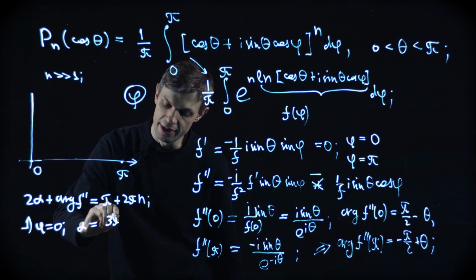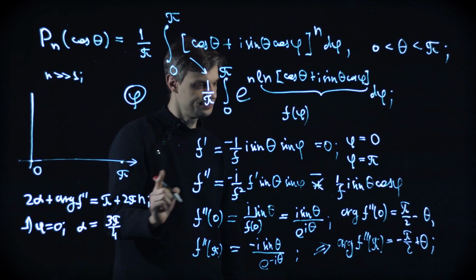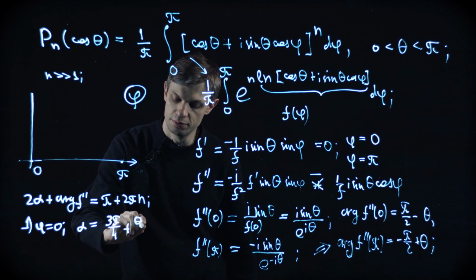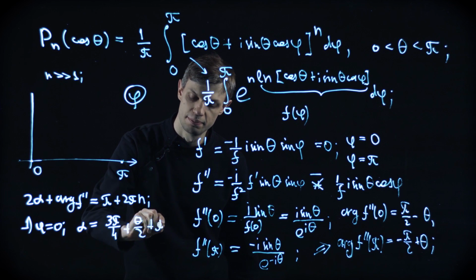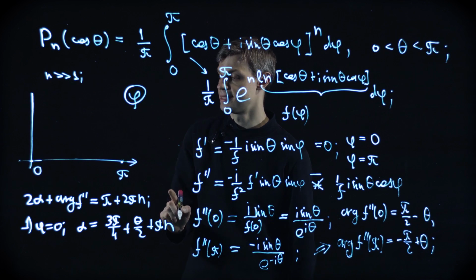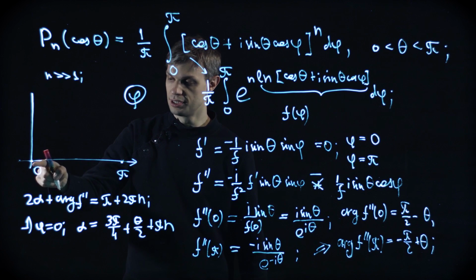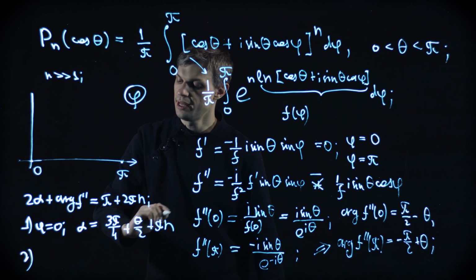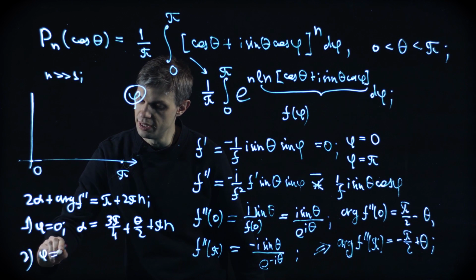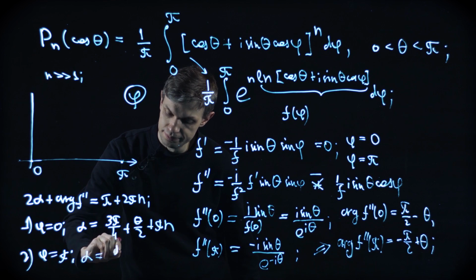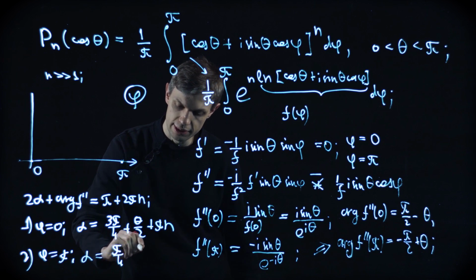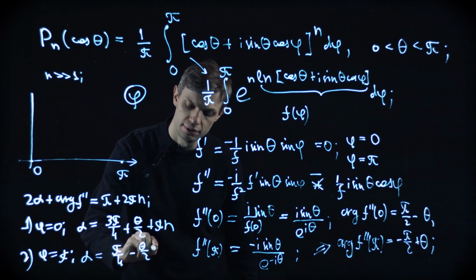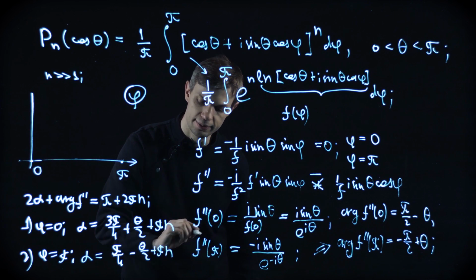So it's 3 pi by 4 minus theta plus theta over 2 plus pi n. So that's the steepest descent direction at the beginning point. And at the end point, phi is equal to pi, it's pi by 4 minus theta over 2 plus pi n.